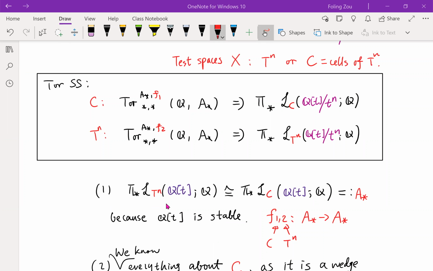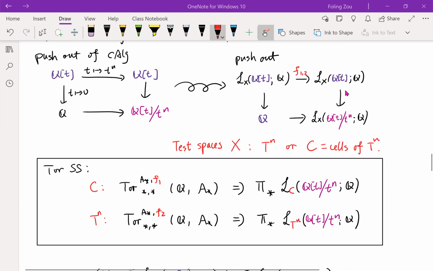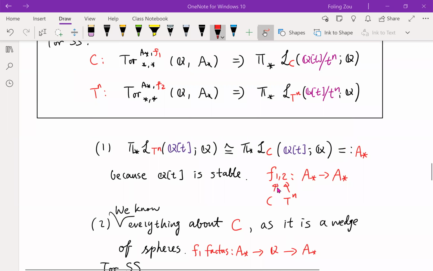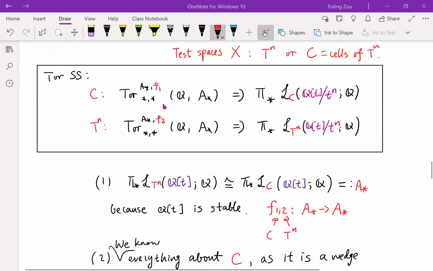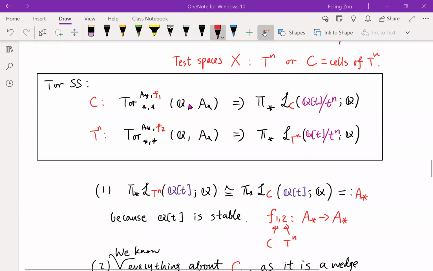Because Qt is a free algebra, it's smooth, so we know this Lode construction agrees with Lode construction on the cells of Tn, and we call this A star. And F1, F2 are these horizontal maps, but they are different. And we write that here to denote the difference of the A star module structure on this A star depending on the space.